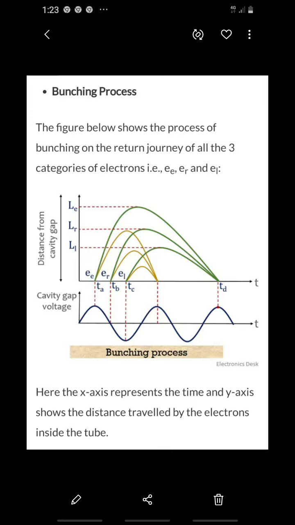Now, the bunching process. Here, three different kinds of electrons are involved: an early electron, a reference electron, and a late electron.